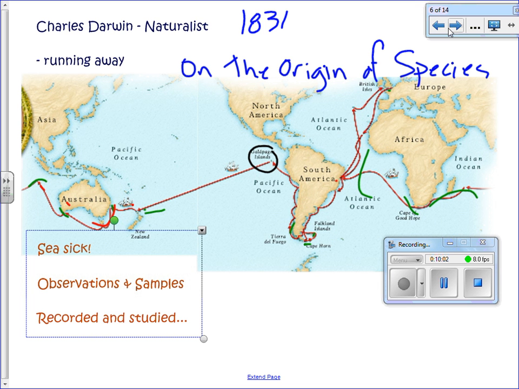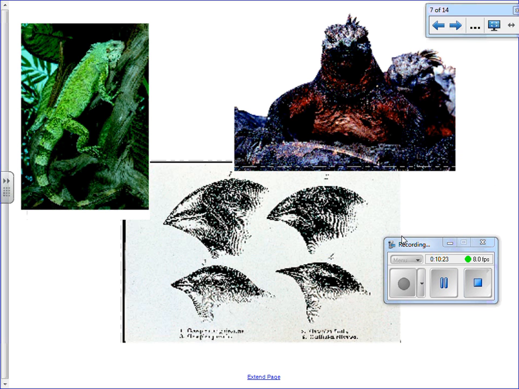They're just little small birds. What else? Different insects, absolutely. Yes. Iguanas. And what else? Tortoises? Yes. What's that? Oh yeah, blue-footed boobies.